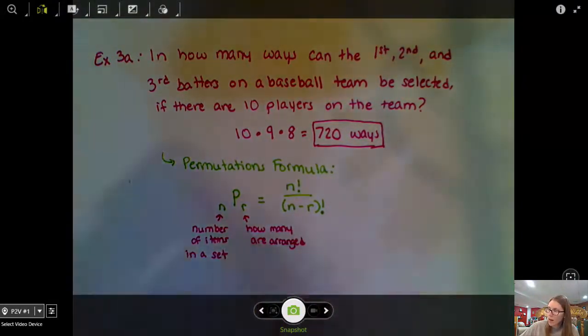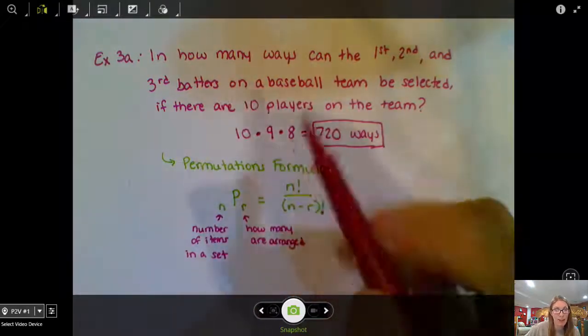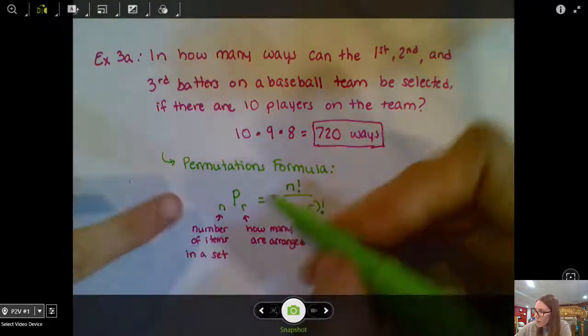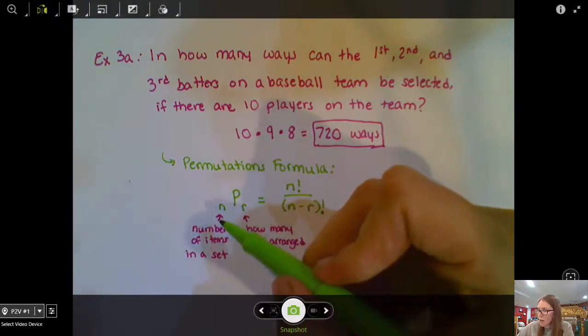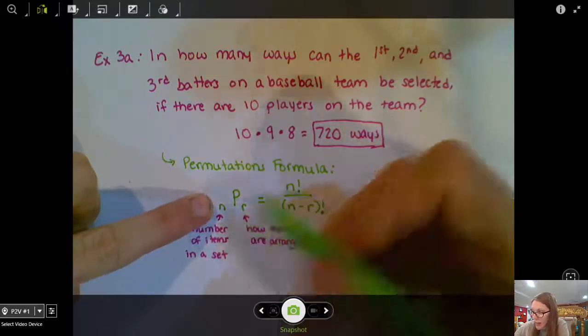Okay. So if we look back at this example here and see how our formula would work in this case, I have 10 baseball players on the team. So that's my N. That's the number of items we have in our set.